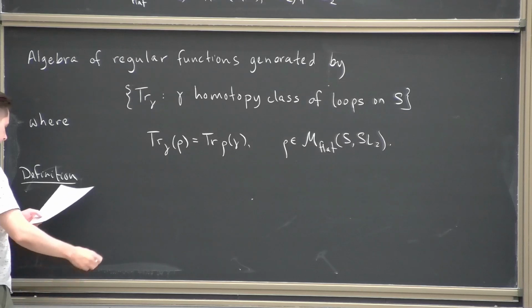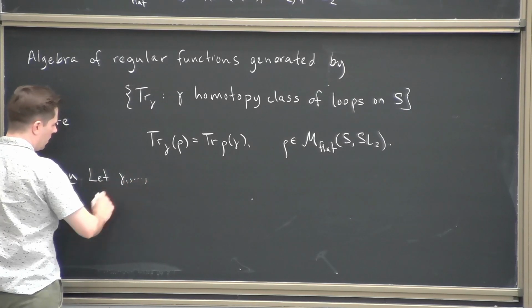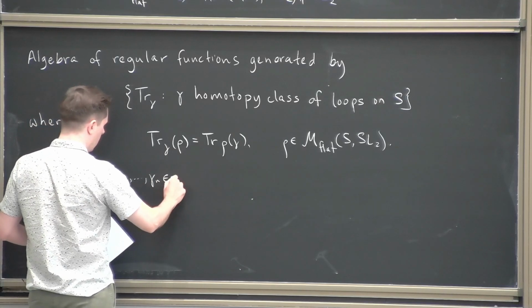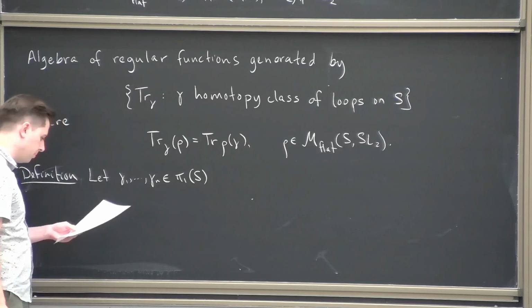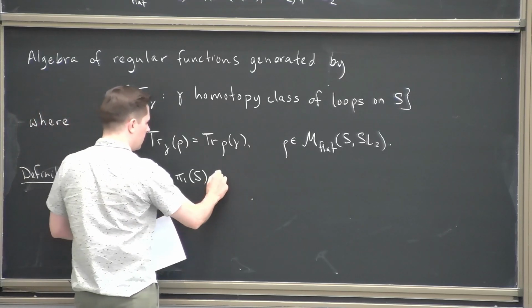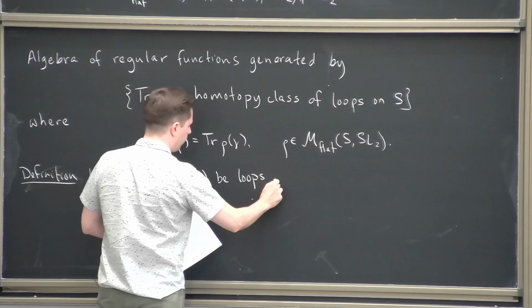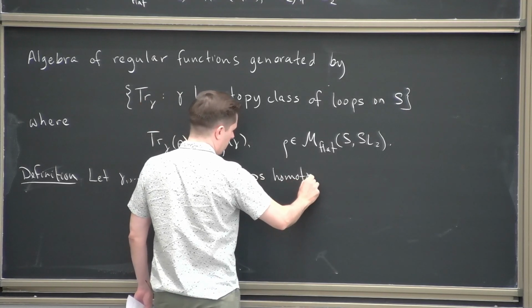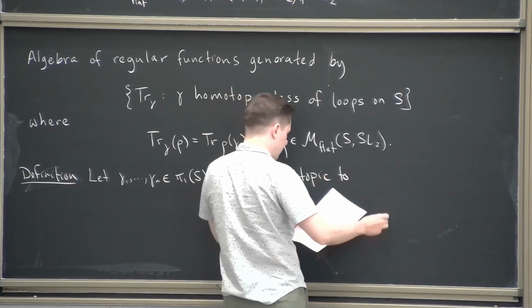Let's suppose that gamma 1 through gamma n are elements of the fundamental group, which are loops freely homotopic to the boundary components of the surface.